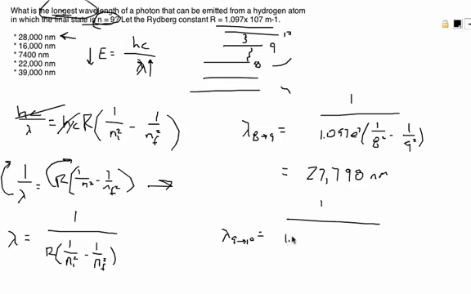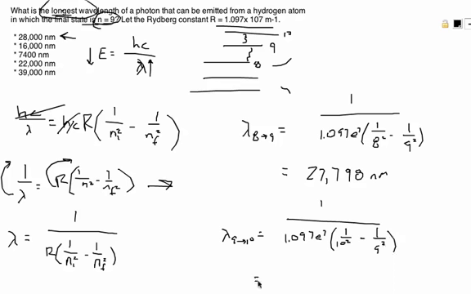So it's 1.097 e to the 7th times, in this case, it's 1 over, let's see, initial would be 10 squared minus the final, which is 9 squared.